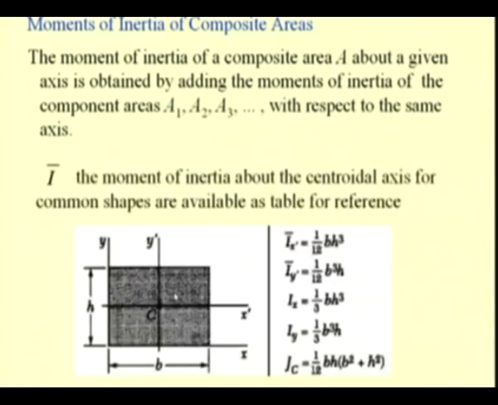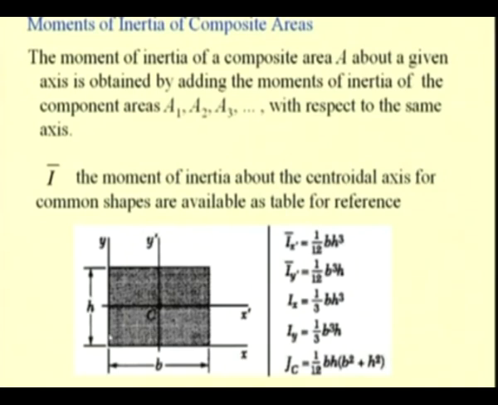For simpler shapes, these are known, like for this rectangular area we have these various quantities like the second moment with respect to the centroidal axis, say x prime, or the centroidal axis y prime, and the polar moment of inertia of this area with respect to the centroid.